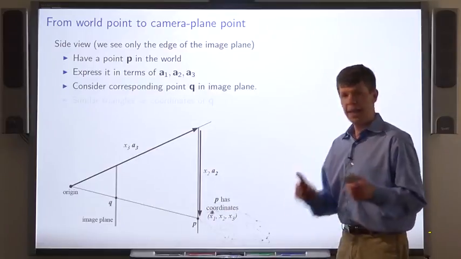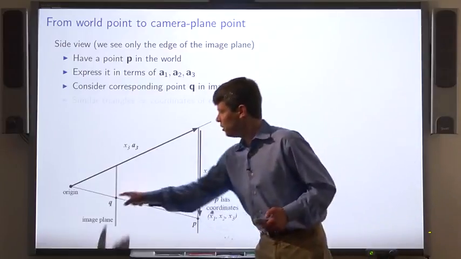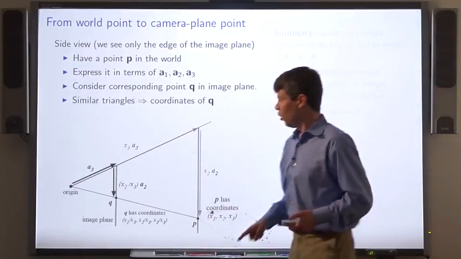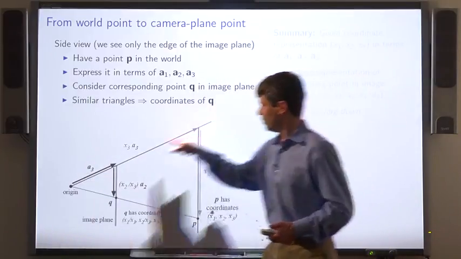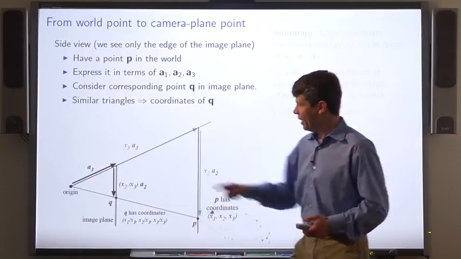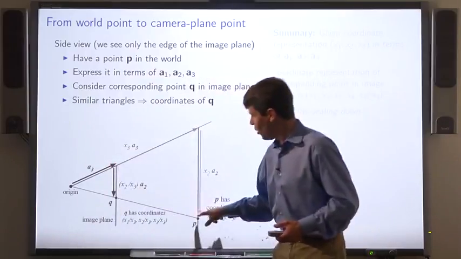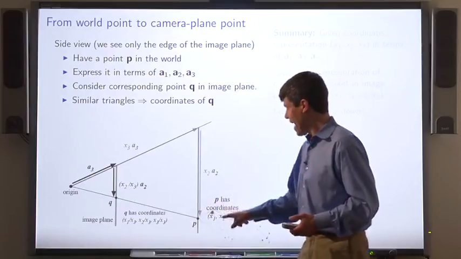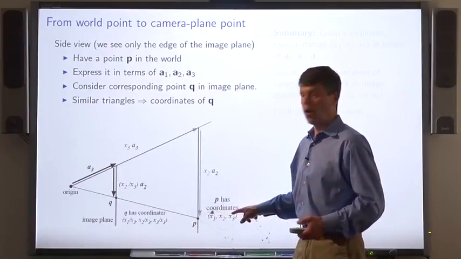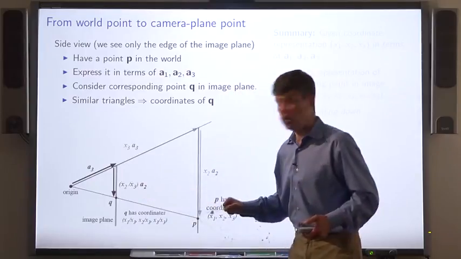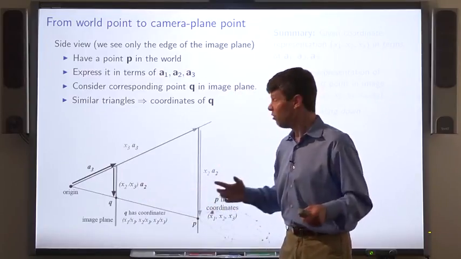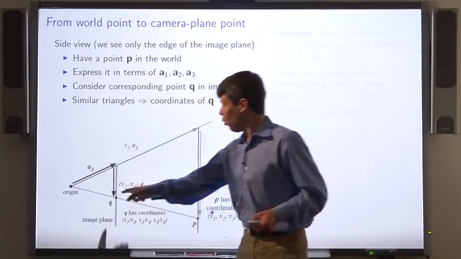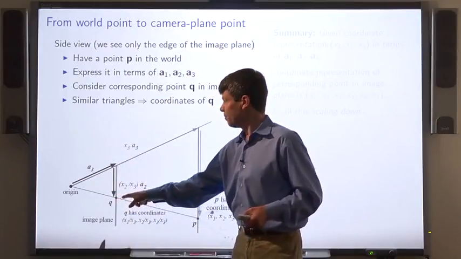Now, how do we go from the point P to the point Q? We use similar triangles. So here's some big triangle, and this is a little triangle. The point P corresponds to point Q. The coordinates of point P are x1, x2, and x3. What are the coordinates of point Q? We know that the third coordinate is 1 because this point lies in the image plane.